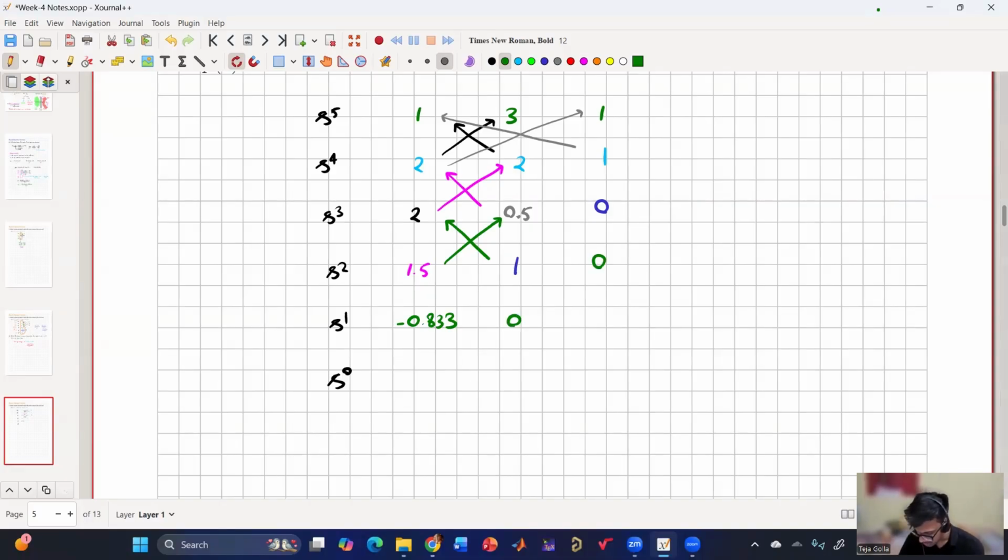And what will be the last element? This element, s to the power 0. We have to multiply these two, right? This into this, minus this into this by minus 0.833. 1. So one trick is, if this is 0, then this one will come here.